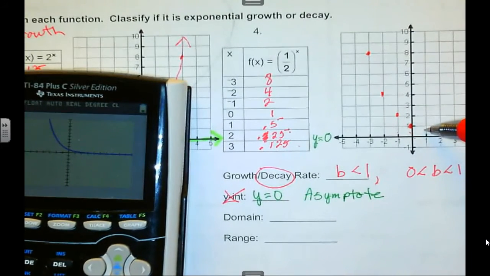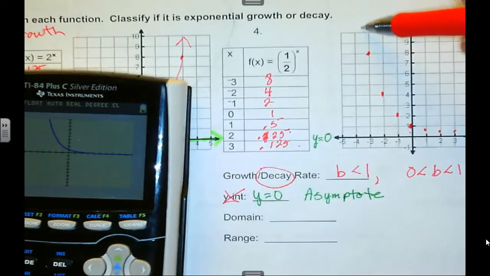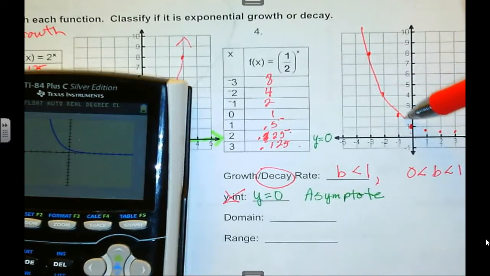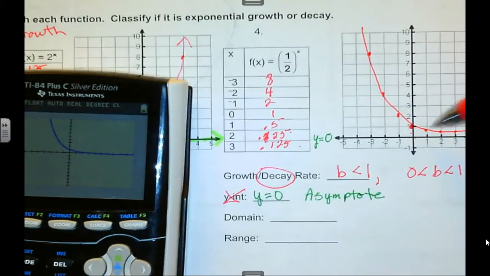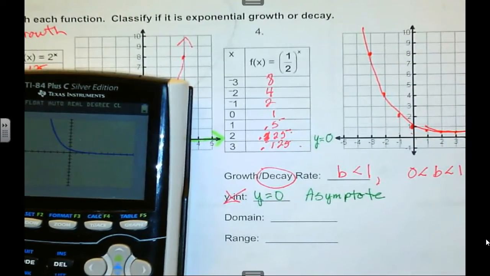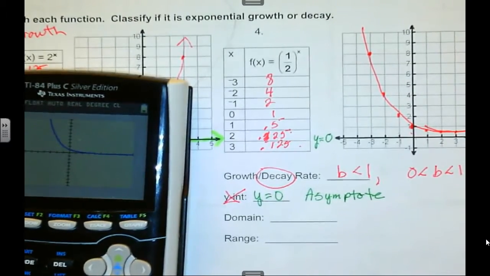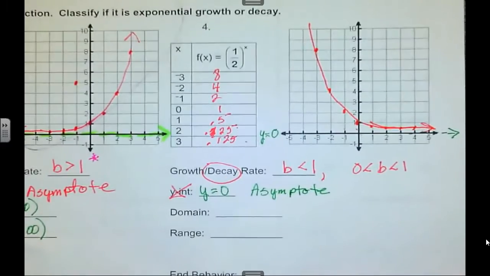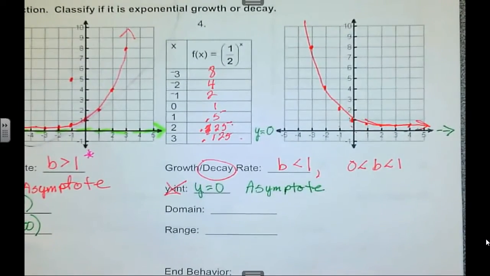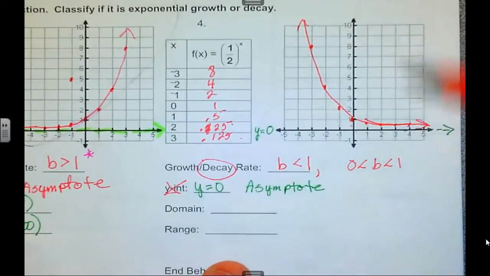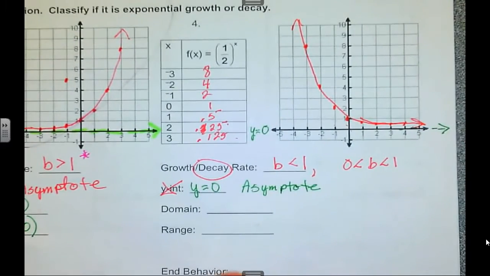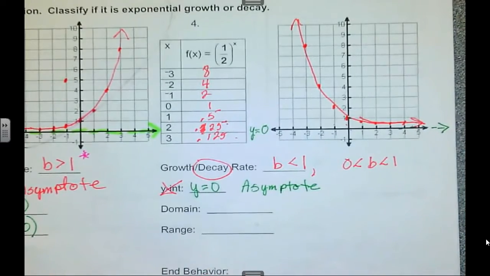And then we start going towards that x-axis, or y equals 0. But don't make it cross the x-axis, okay? And try to follow it.